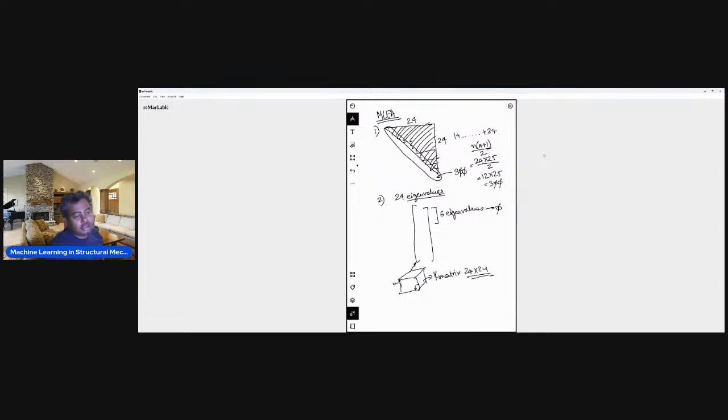For a new configuration of this particular element, your K matrix should be repeatable to a very good accuracy with your machine learning prediction. That is what we capture through the machine learning algorithm we have.